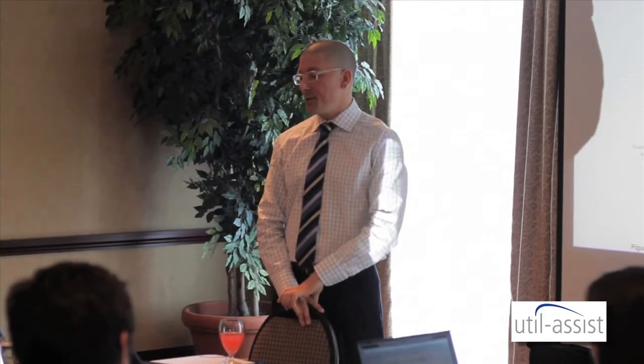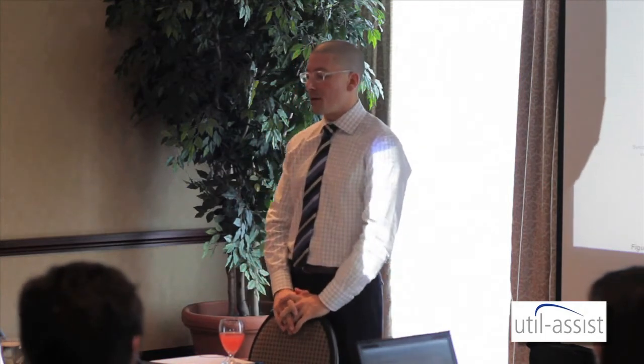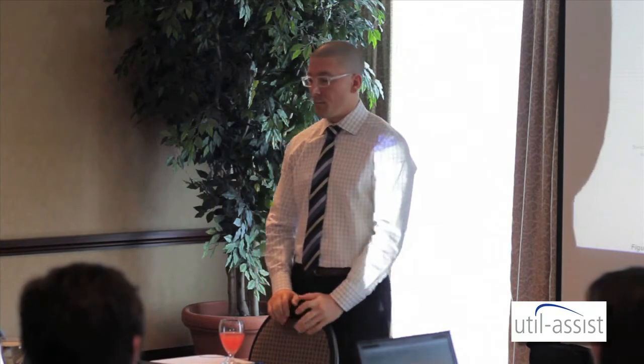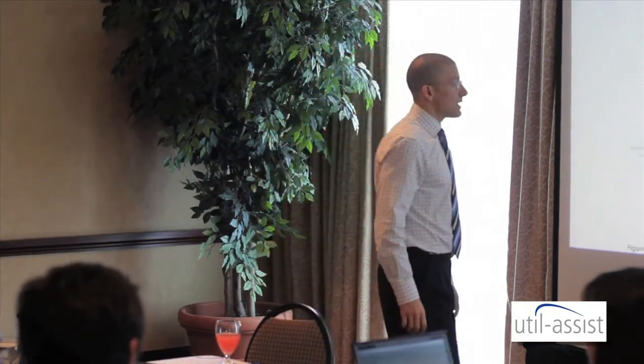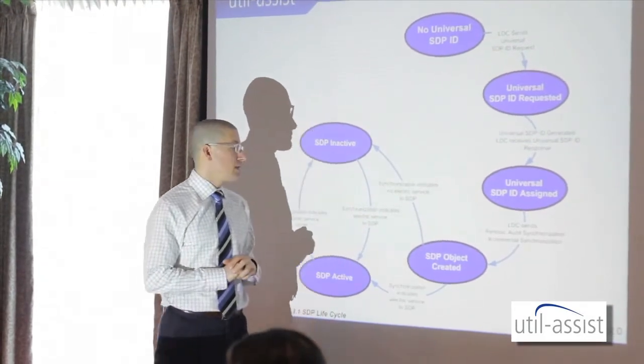So by sending in a psync file or an isync file, you tie attributes to these IDs, and now the MDMR kind of has record of this USDP ID. That's the first time it becomes used, once you've synchronized with it. So once you've sent in an isync or a psync file, the SDP object is created in the MDMR.